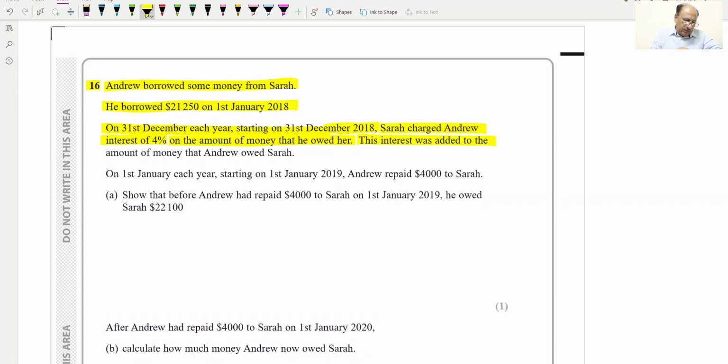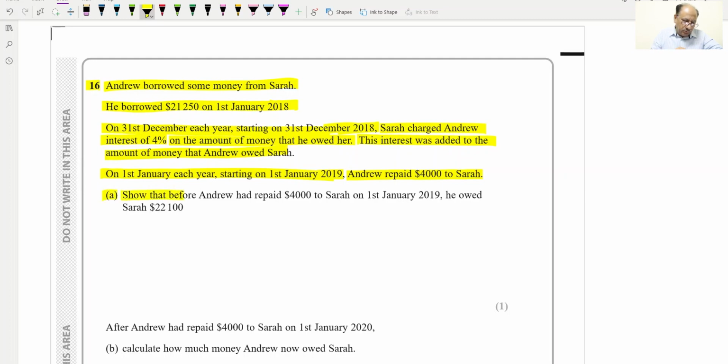This interest was added to the amount of money that Andrew owed Sarah on 1st Jan each year. Starting on 1st January 2019, Andrew repaid 4,000 to Sarah.